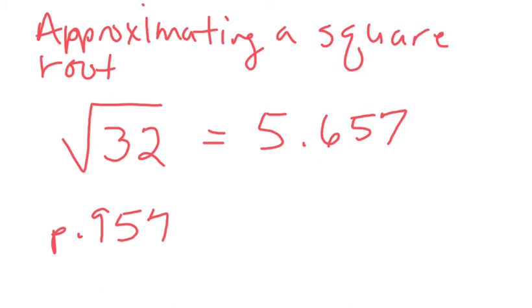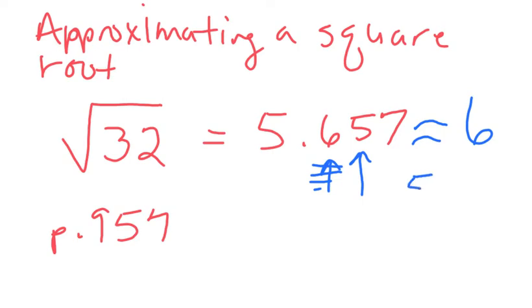So if I were going to approximate the square root of 32 to the nearest integer, I would look at this number and go, 6 rounds up, so that is approximately 6. If it asked me to approximate it to the nearest tenth, I would have to look at the hundredths. And I would say, oh, that's 5, so it rounds up.